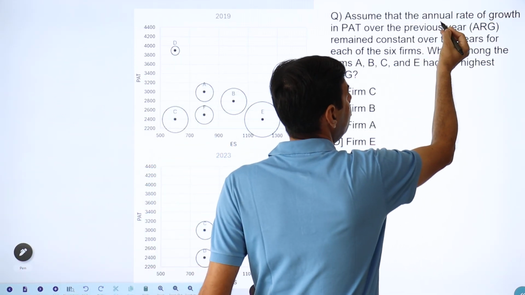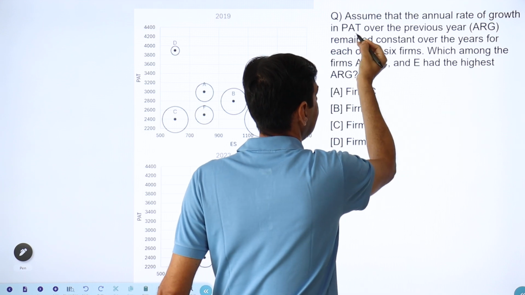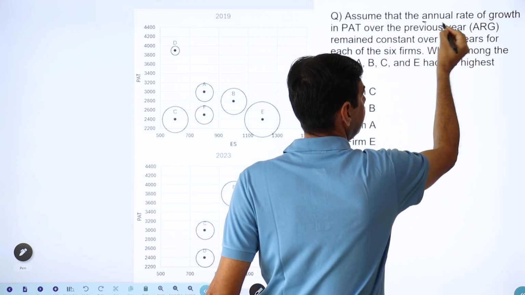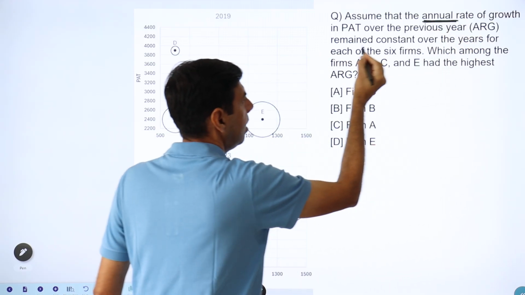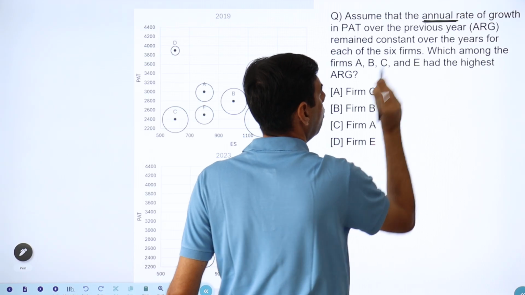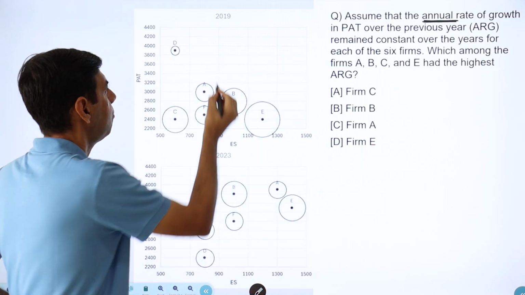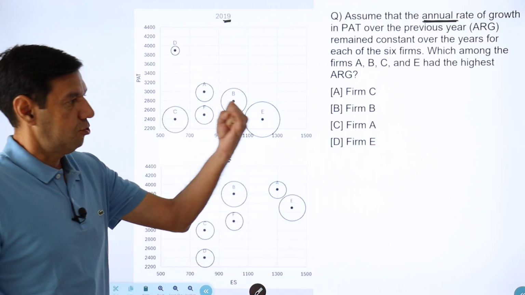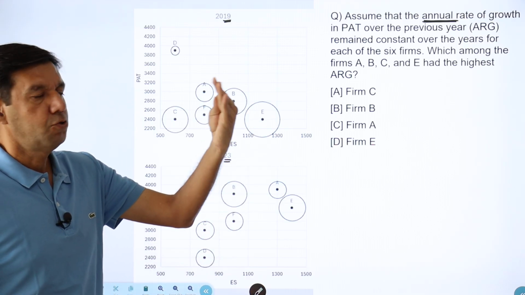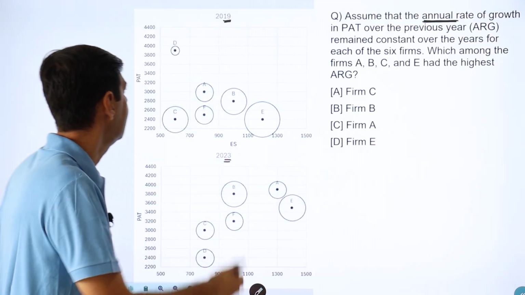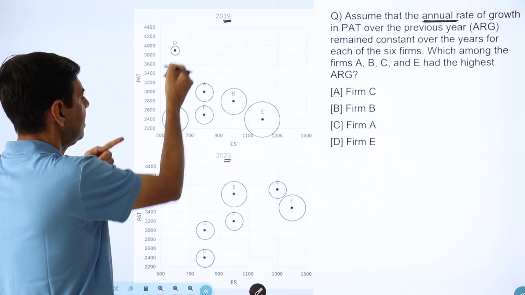Assume the annual rate of growth in PAT over the previous year, ARG. Remember, this is annual. Remained the same over the years for all the 6 firms. So from 19 to 23. So that's 20, 21, 22, 23. So 4 years, then this is how the PAT has increased.